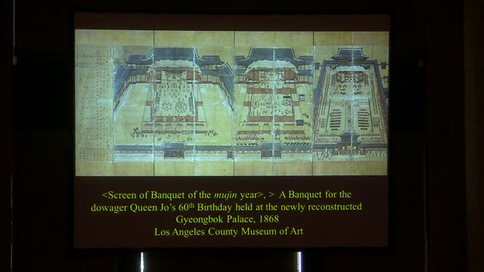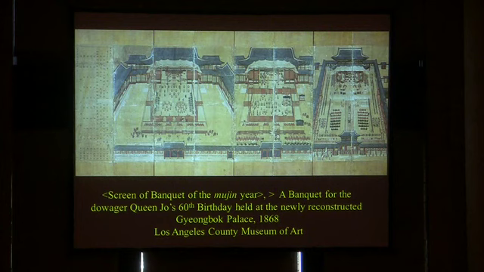So finally, we had to wait until the 19th century when a regent, Daewon-gun, King Gojong's father, decided to have it rebuilt. But then it cost so much money, and he was much resented by so many people who had to really squeeze their means to pay for this.